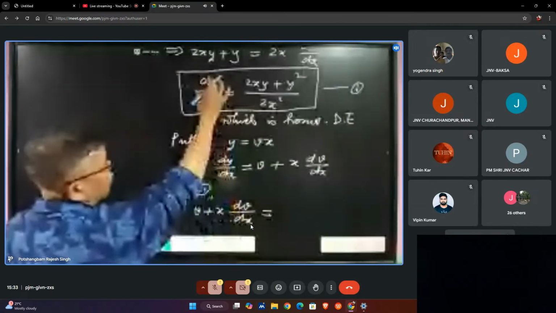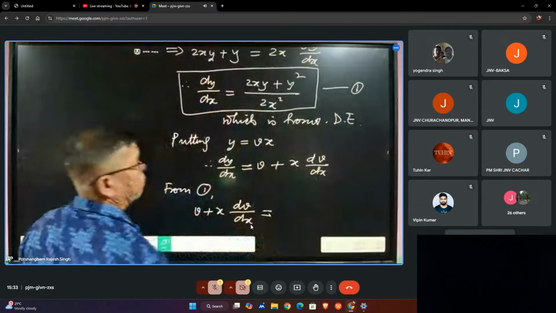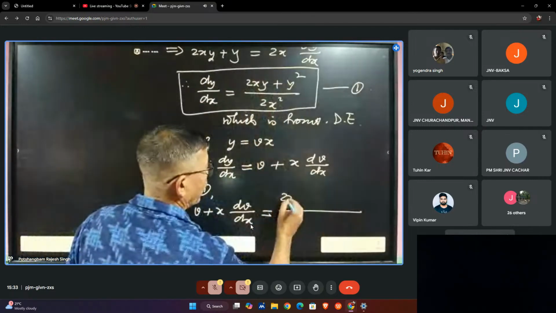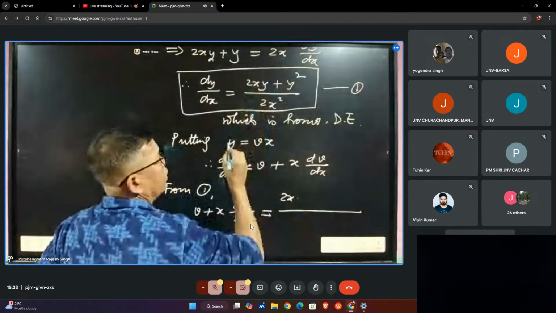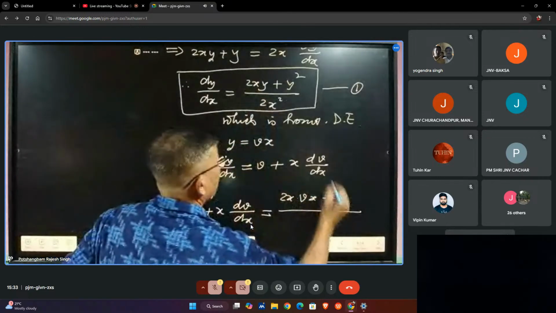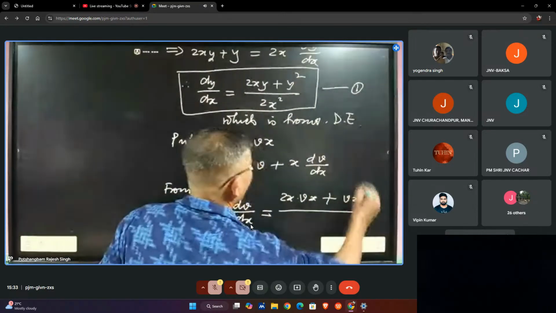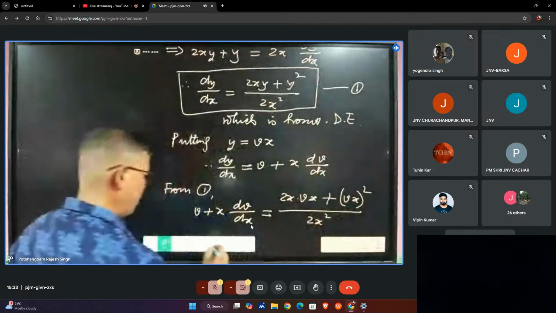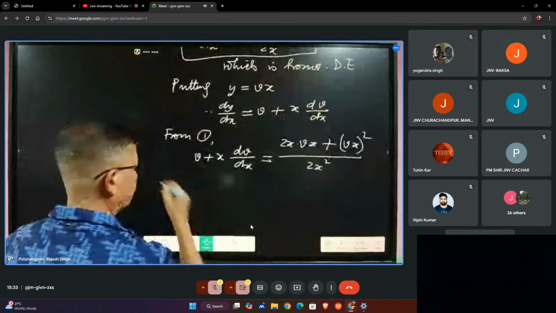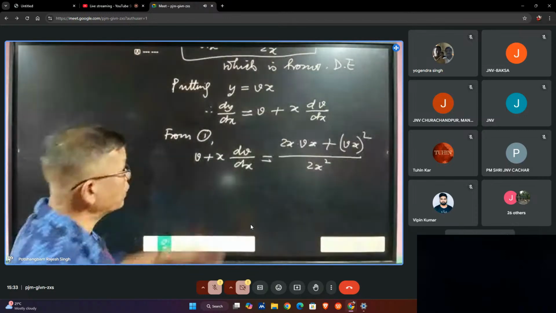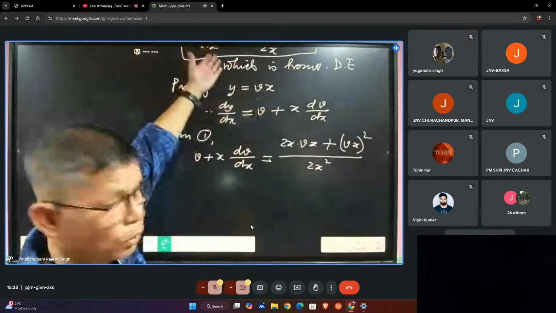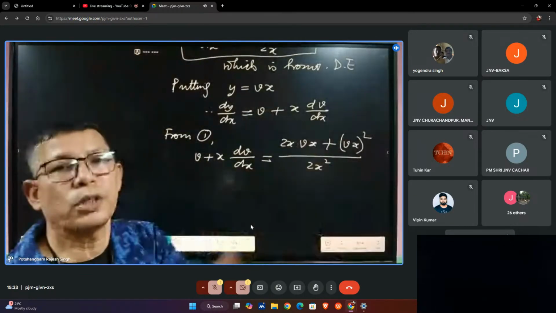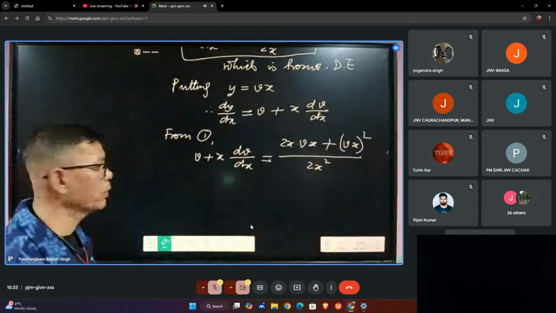On the right hand side, we have 2x, and instead of y you write vx, but we have the square, so here and here 2x. Once the substitution is done, the variables will become separable. So let's see whether the separation is possible or not.